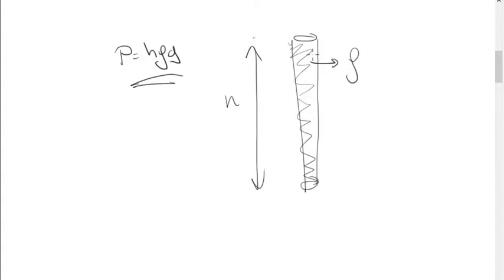Now if both ends of the tube are open, and you put your hand at the bottom of the tube to stop the water from falling out, your hand will experience a certain amount of pressure. How would you know how much? It's basically the pressure due to this entire column of liquid. So the pressure is equal to, very simply, h, which is the vertical, perpendicular height, times rho, which is the density of the liquid, and g, which is gravitational field strength.